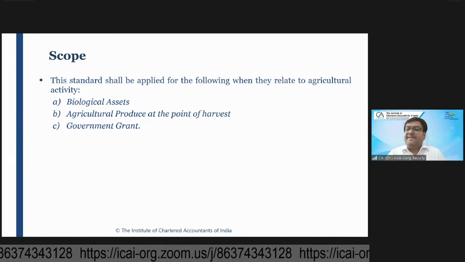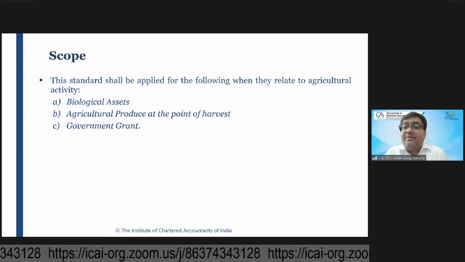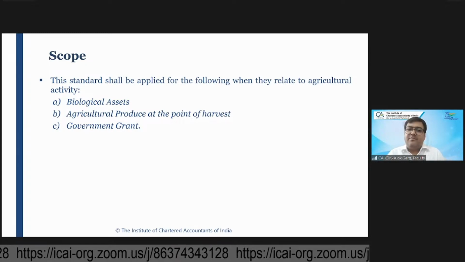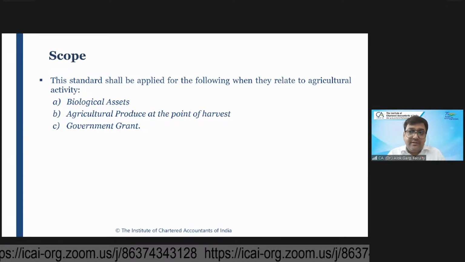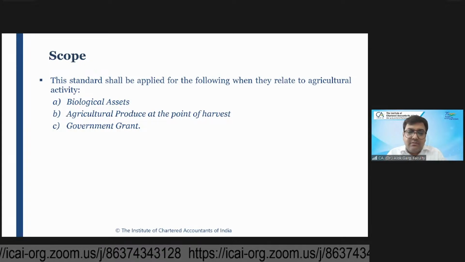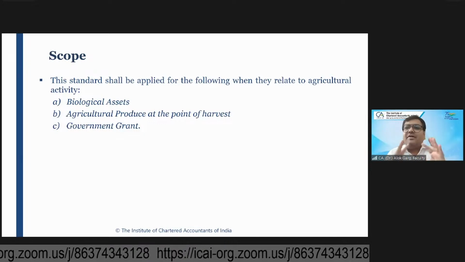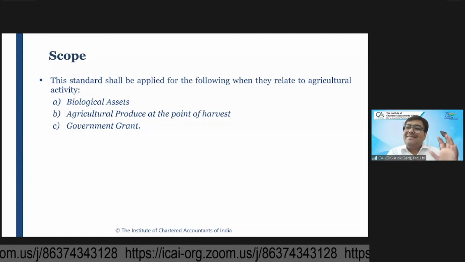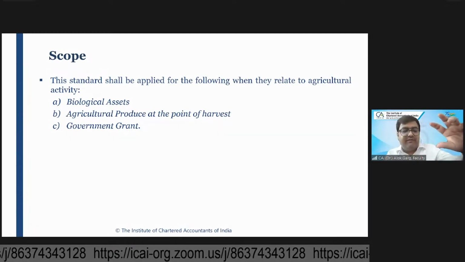So in this case, these animals will not be covered under Ind AS 41. These will be covered under Ind AS 16, PPE, because it is not related to agricultural activity. Any living animal which is related to agricultural activity will come under this standard.